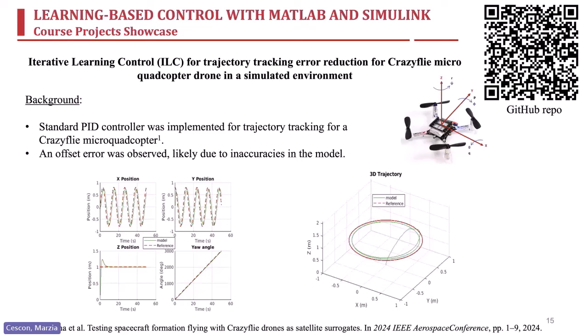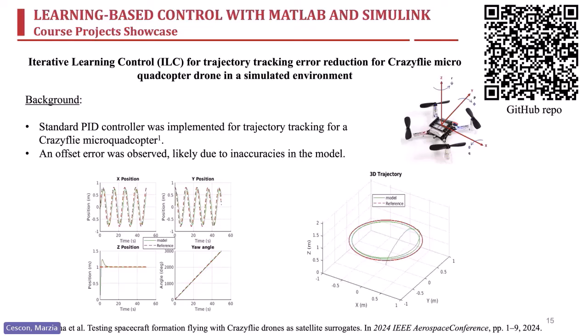We use the Crazyflie, the drone you see here on the right, as a surrogate for a satellite. Now, the PID that was implemented off the shelf was showing an offset, an error, probably due to the inaccuracies of the model.